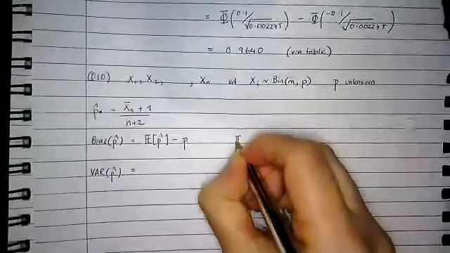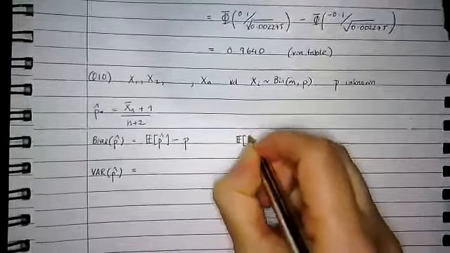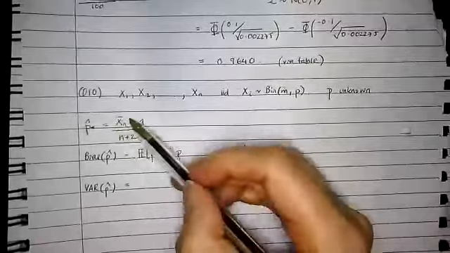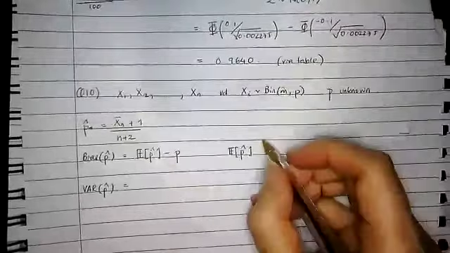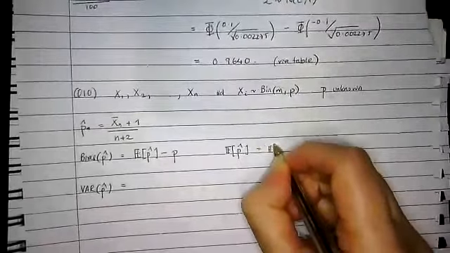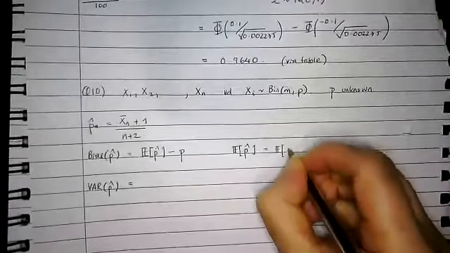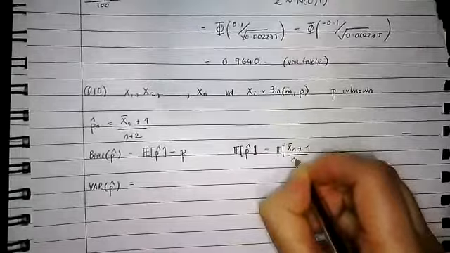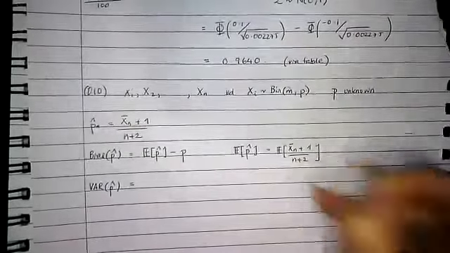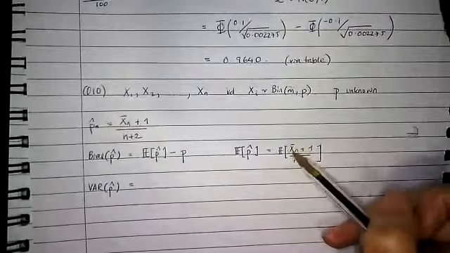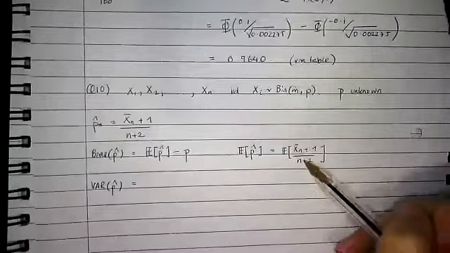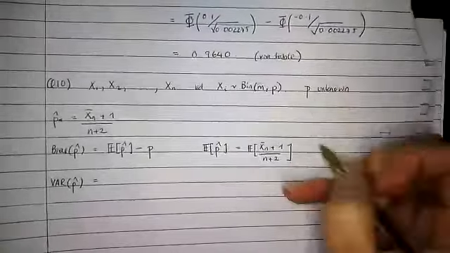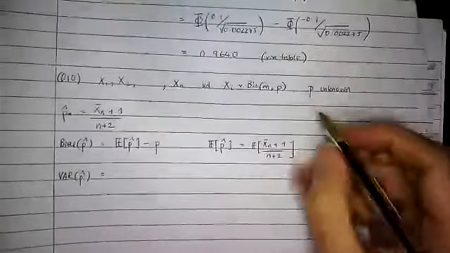So let's start off with the expectation of p hat. To find the expectation of p hat, I need to take the expectation of this. Everything there except for x bar n is a constant, so it can come outside the expectation because of linearity of expectation.